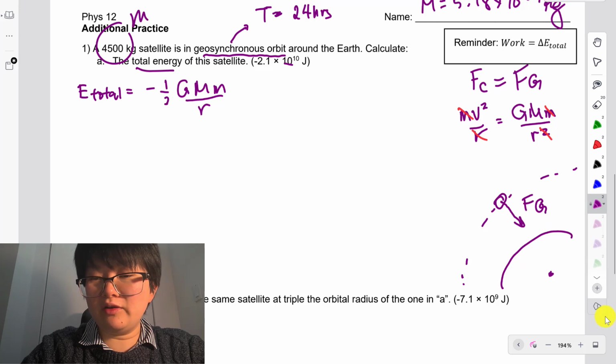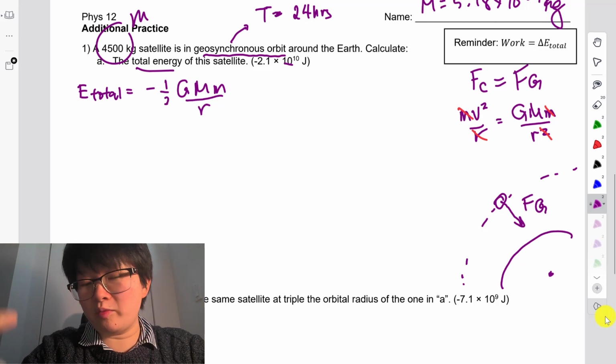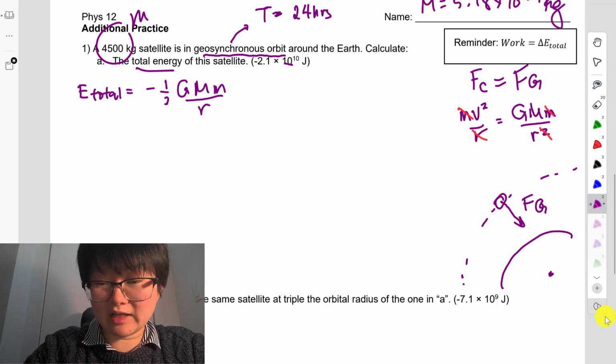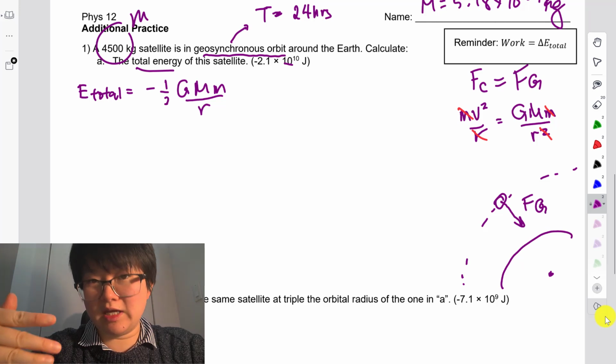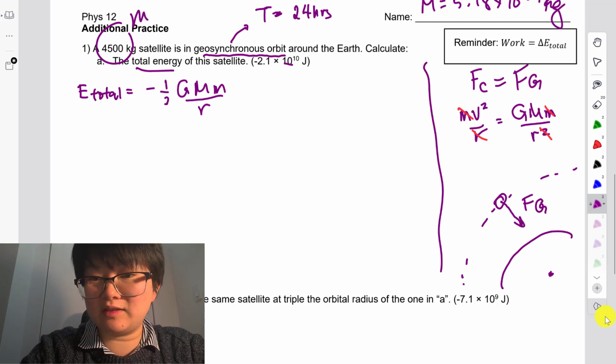We also know that it looks like we don't have orbital speed either, but we can use orbital period to get orbital speed. Don't forget that I'm using all these little spaces over here, so let's divide the page like this.